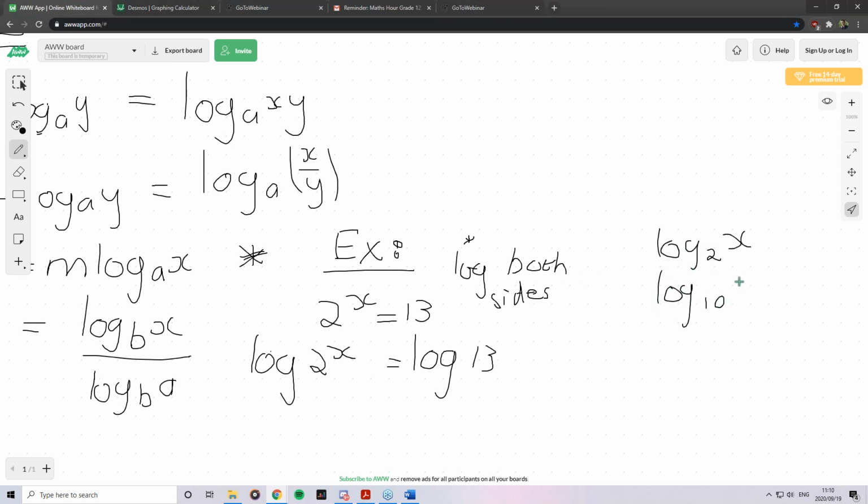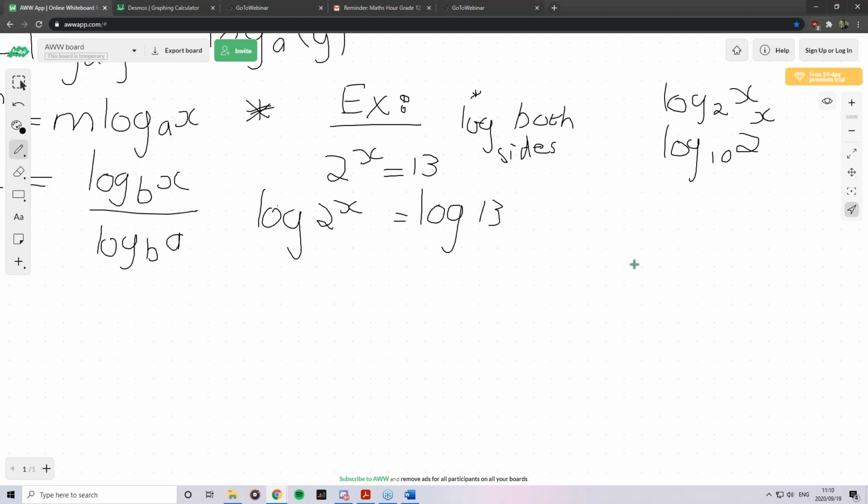So what we have is log of 2 to the x. This is what the log of both sides means, because the log function is a log of your input. So your base doesn't change. If you're logging both sides, as long as your base is the same, it doesn't matter. So this becomes log of 2 to the x is equal to log of 13, just logging both sides.